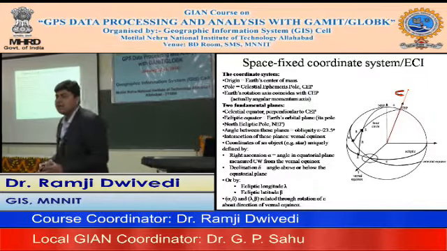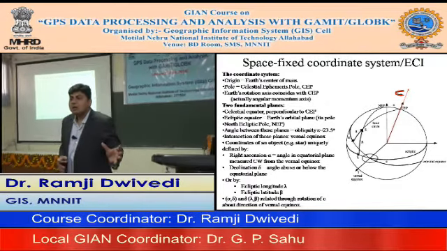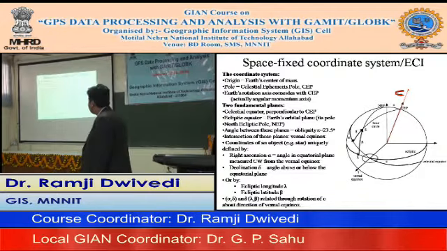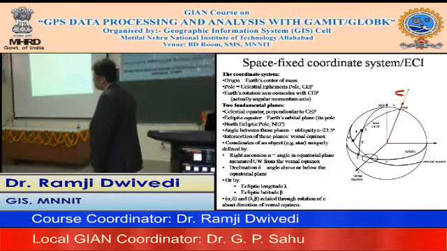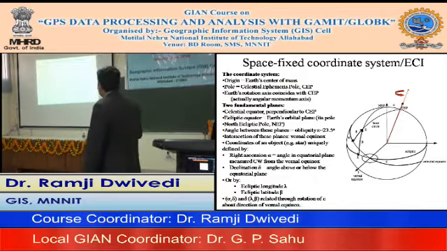The same star can also be measured in ecliptic latitude and longitude, in the ecliptic coordinate system. So this is one way of referring to different stars in space in two different coordinate systems.